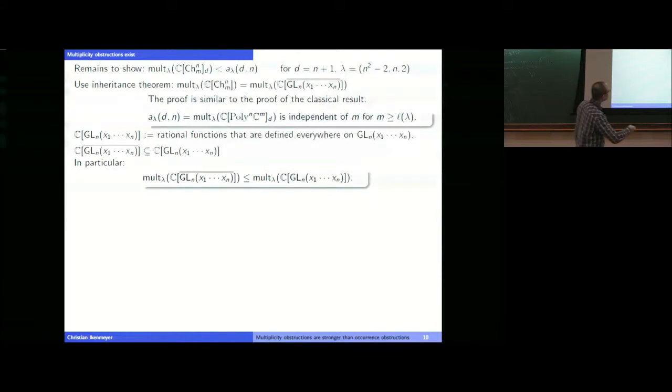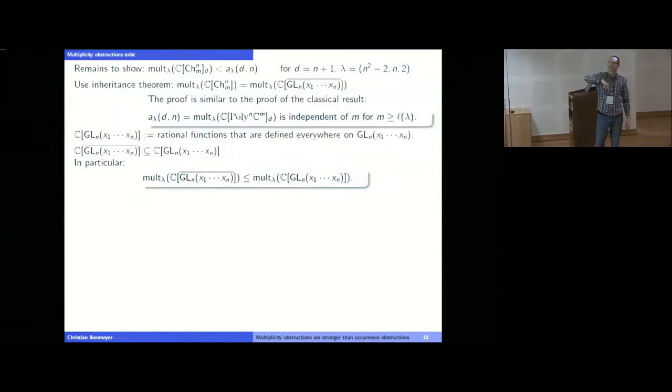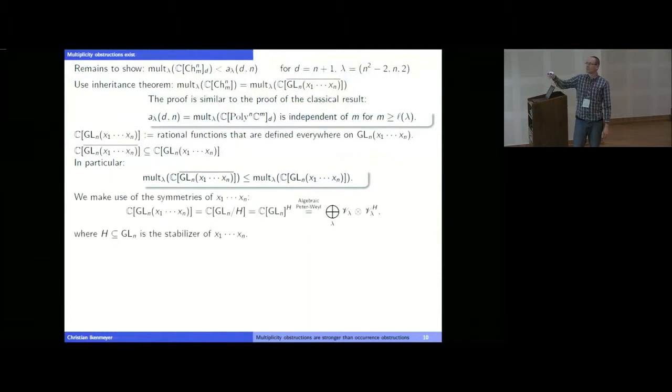The notation here is a bit misleading, because this is not a quotient. It's the same symbol, but it actually is a set of rational functions on this set. This is a new, different object of functions where you can also define a multiplicity, and for this one, we can actually study the multiplicities in a nice way.